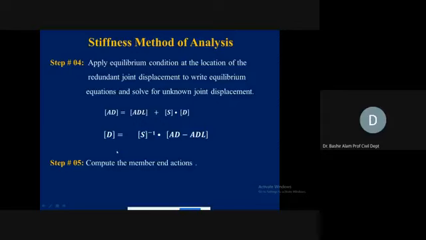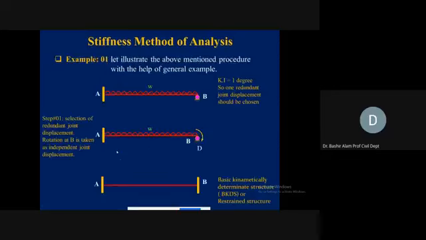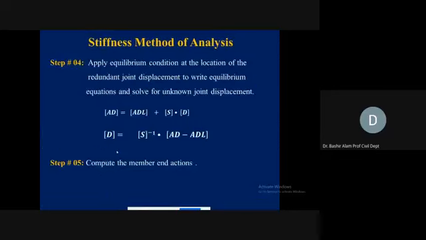Step number five: when these displacements are known, the structure becomes a basic kinematic determinate structure because the unknown joint displacements are known. Next we compute the member end actions.